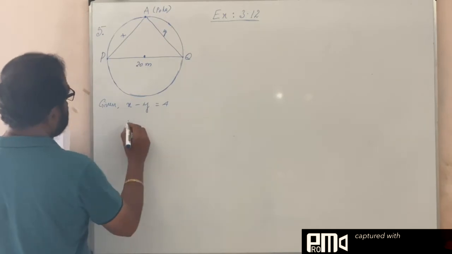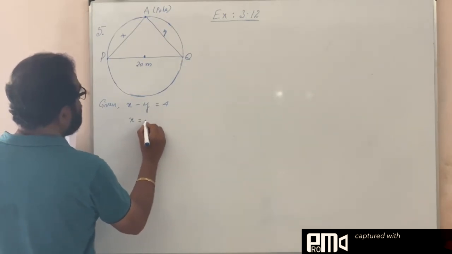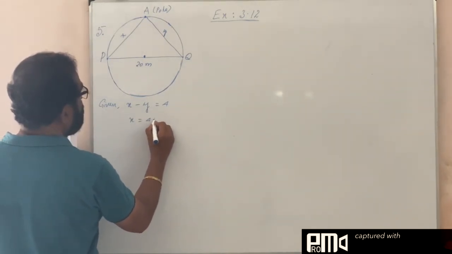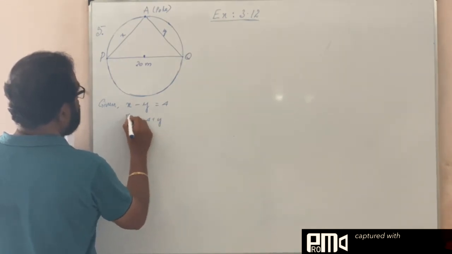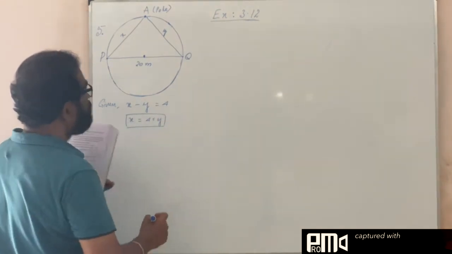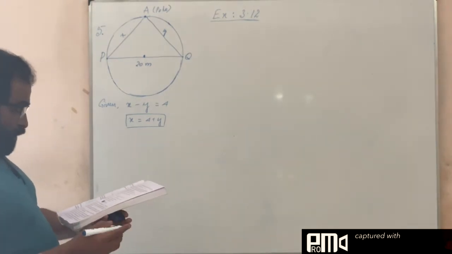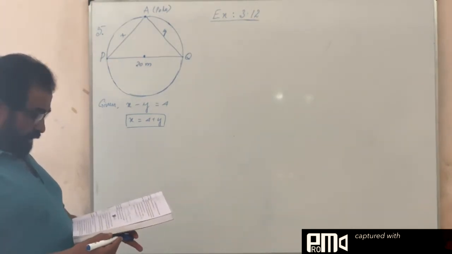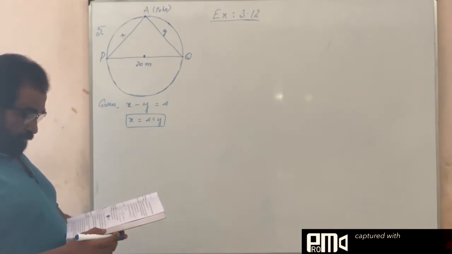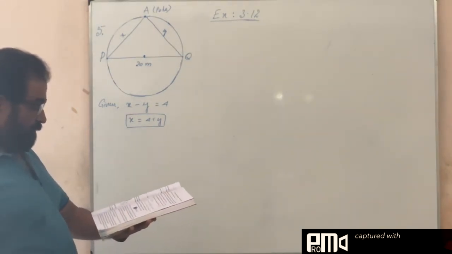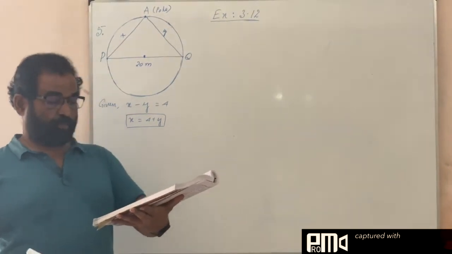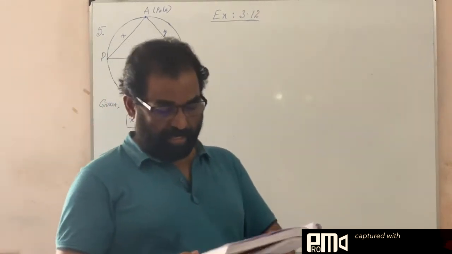So x is equal to 4 plus y. Is it possible to do so? That's the question. If the answer is yes, at what distance from the two gates should the pole be erected?